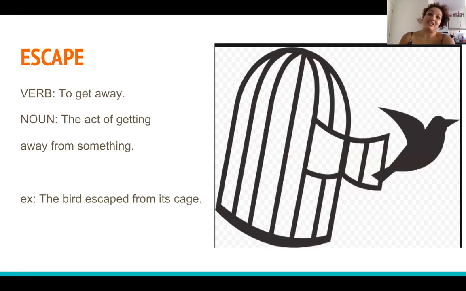For example, we can say old people are trying to escape their homes to go out. I saw many videos on the internet. I'm sure you saw lots of them. And escape can also be a noun, the act of getting away from something. The escape from the cage was very dangerous, okay?